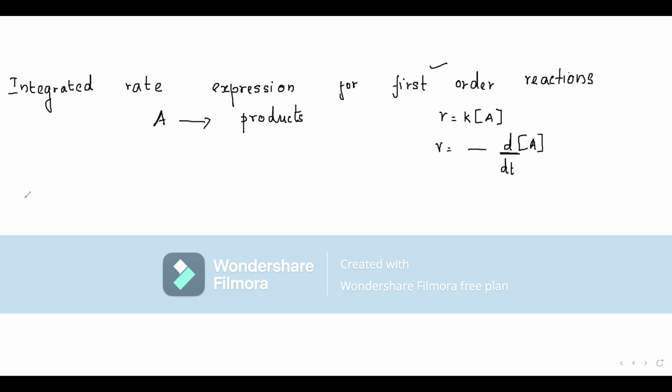small interval of time. Now, both represent the rate of the reaction, which means minus d by dt of A is equal to K into A. Now, let me take like terms to one side, that is dA by A, that is equal to K dt.